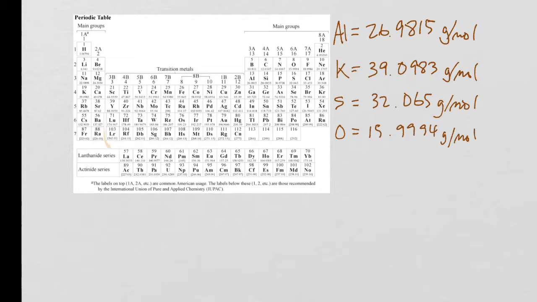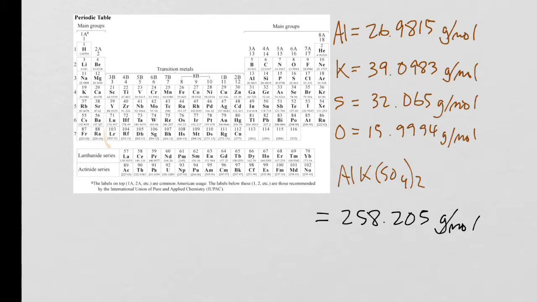Our formula mass for aluminum potassium sulfate is going to be 258.205 grams per mole. If you're unsure how to calculate formula mass, watch the previous video to this one.